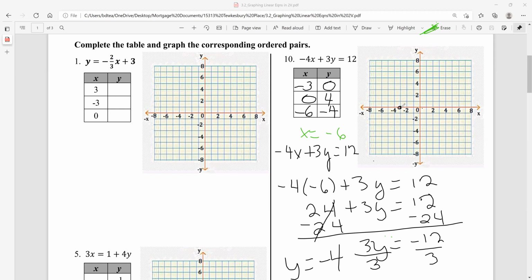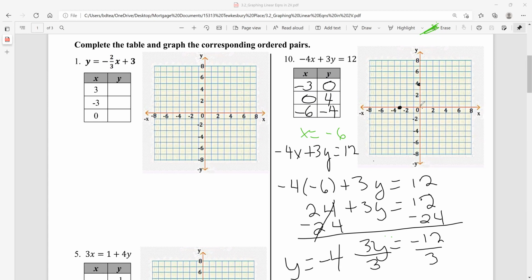So that means it's directly on the x-axis. And then 0, 4, again, we're going to start here with 0, and then we're going to go up 1, 2, 3, 4. So this point is 0, 4.